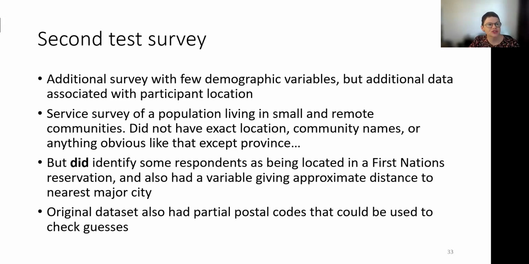And because this was a government service survey, it had a variable giving approximate distance to the nearest major city, because you want to know how far away these people are from major important services. The original data set had partial postal codes in it as well, basically information that we could use to figure out exactly who these people were, which we suppressed the first time we looked at it.